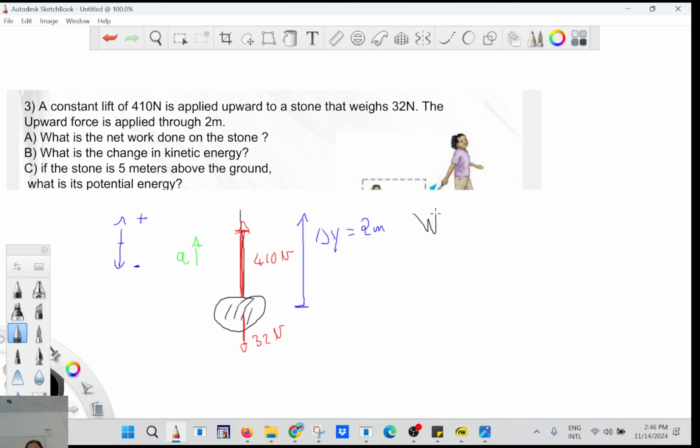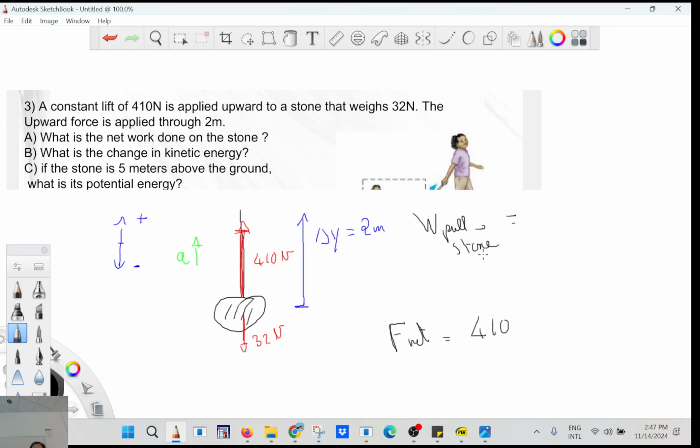Okay, so the work done by the pull on the stone is going to be equal to what? Okay, it depends which way you do it. So you can do it like the net force. We can do 410 minus 32, and then you multiply by the displacement, which is 2. Anyway, you already know that the work has to be positive because there is a net force up, so it's going to accelerate.